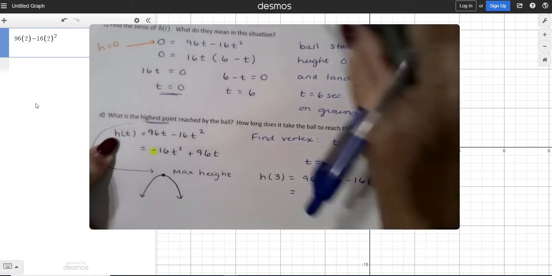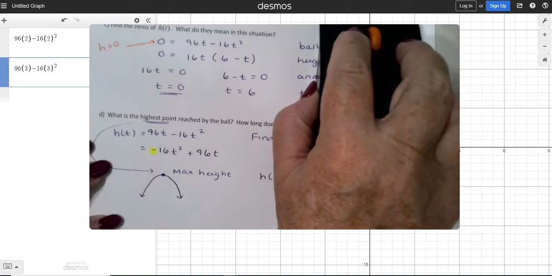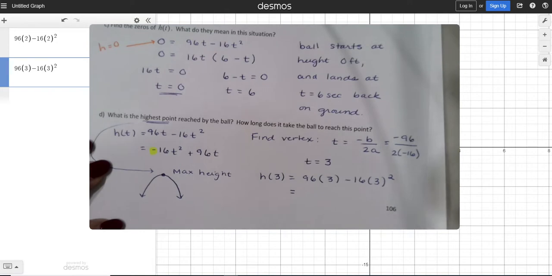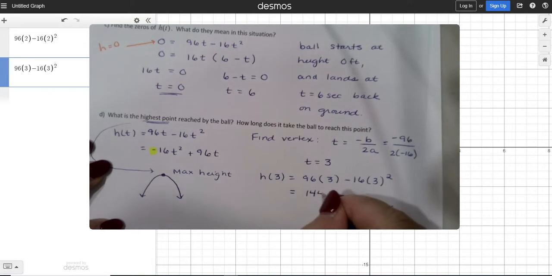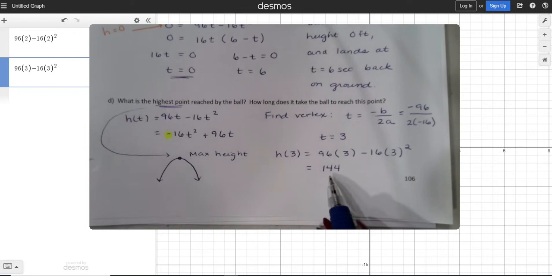And let's see, get a little bit of help from my calculator again. It's 144. So the ball reaches the highest or maximum height of 144 feet at the 3-second mark.